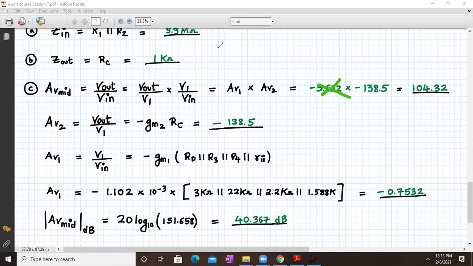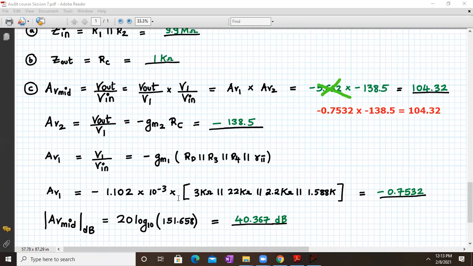So instead of this, we will have the number as minus 0.7532 into minus 138.5, and that number if you multiply you will get 104.32. So kindly note down this slight mistake over here. Your AV mid is 104.32.